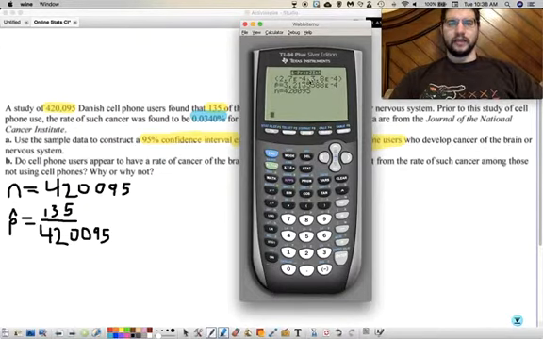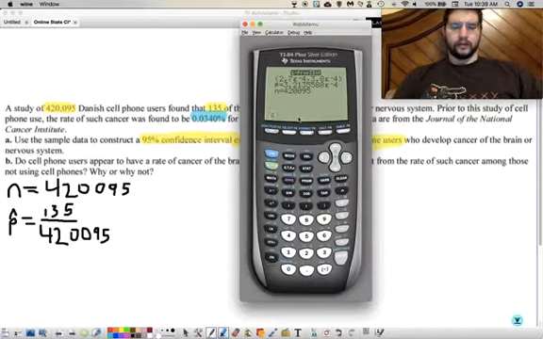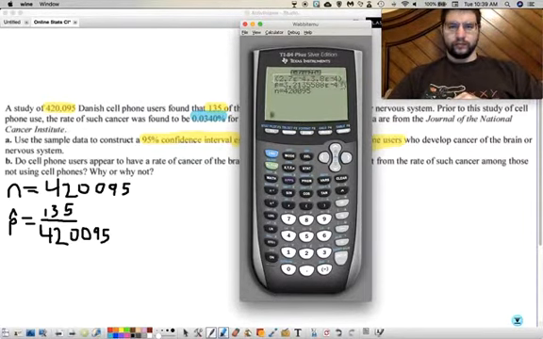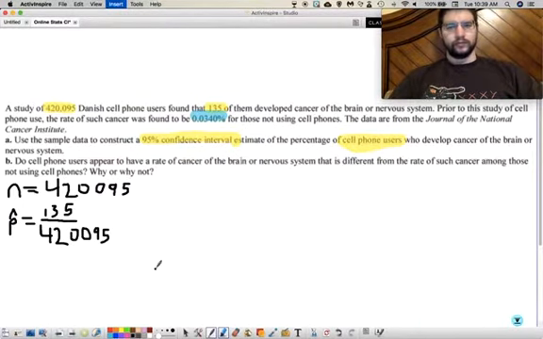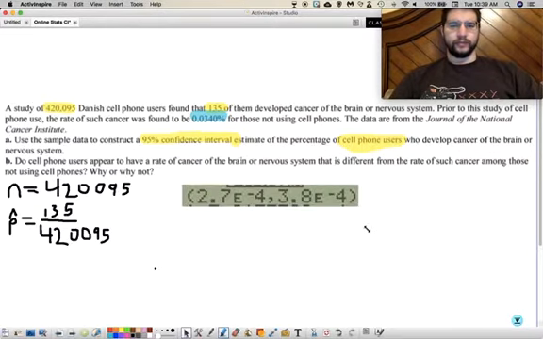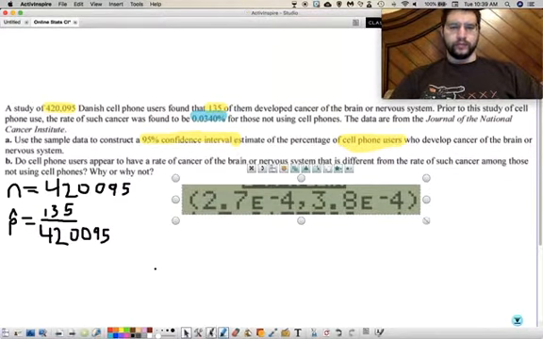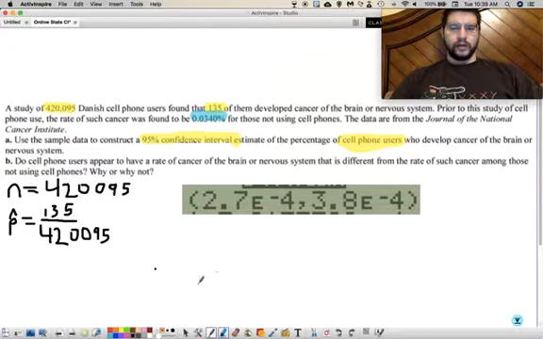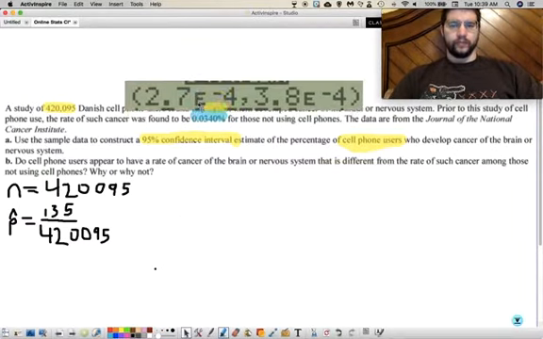Okay, I'm going to write this down exactly as I see it here, so we can talk about sig figs. In fact, I'm going to screenshot it. So here's our confidence interval. So I'm going to rewrite these numbers in standard form. Make sure you do.